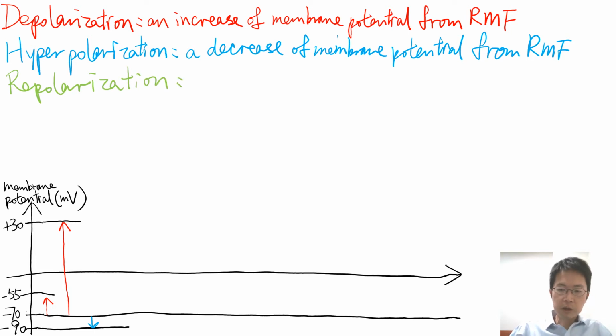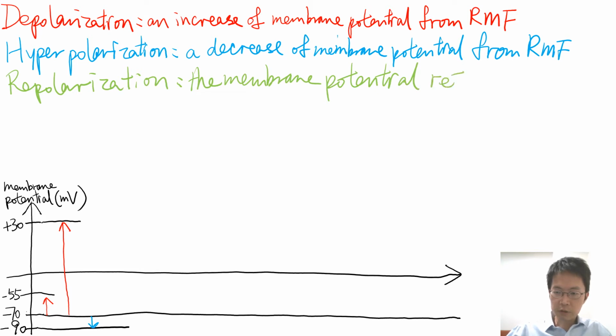For repolarization, it's basically the membrane potential returning to resting membrane potential.